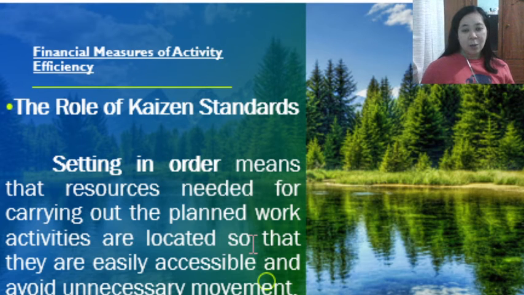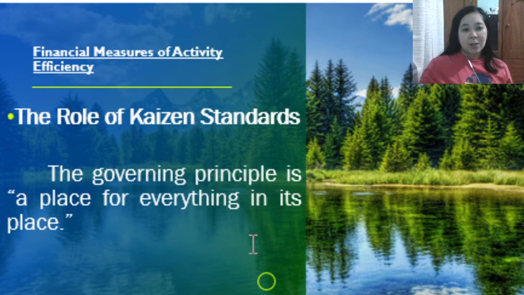Those which are not necessary and not often used can be set aside and stored, to provide space for other necessary activities. The governing principle is a place for everything and everything in its place.